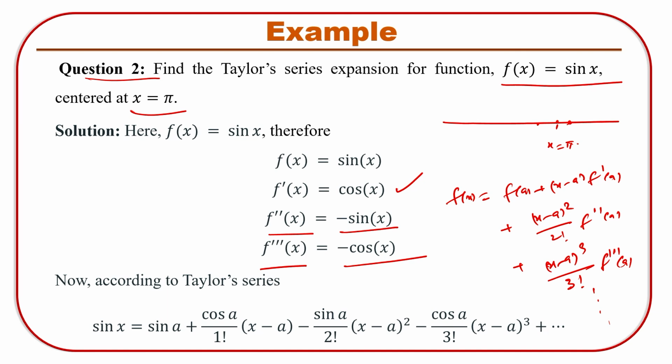Doing the same thing, f(x) is given as sin x. So, f(a) equals sin a, f'(a) is cos a into (x minus a), and then f''(a) is minus sin a by factorial 2 into (x minus a) whole square, and so on, right.